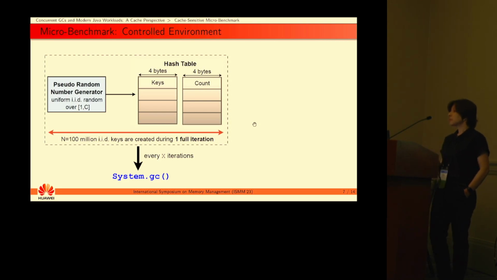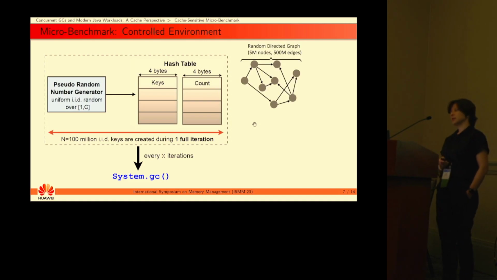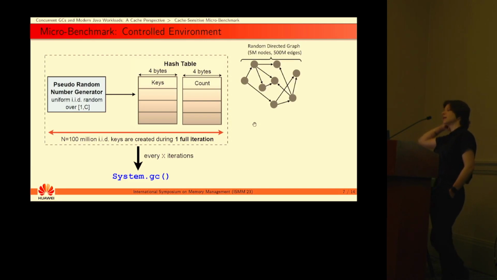However, the problem with this micro benchmark was that these int arrays don't really have that many objects. So there's nothing for the GC to do there. In order to give some work to the GC, we also added a static, huge data structure, a directed graph, which we created and just left there to stay.